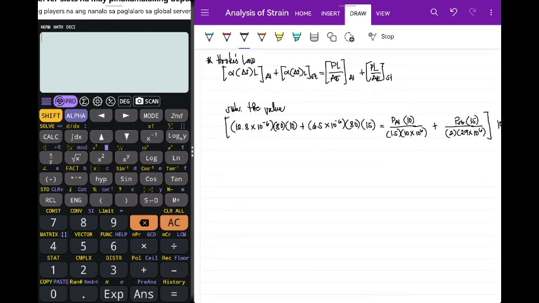So that is what is happening now. Our material really wants to expand, but since there is a rigid support at both ends, that rigid support stops it from expanding, right?